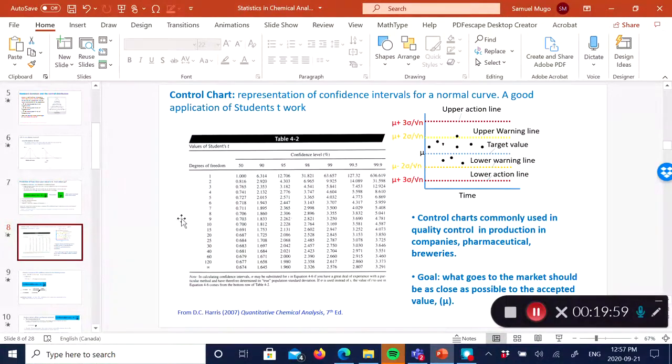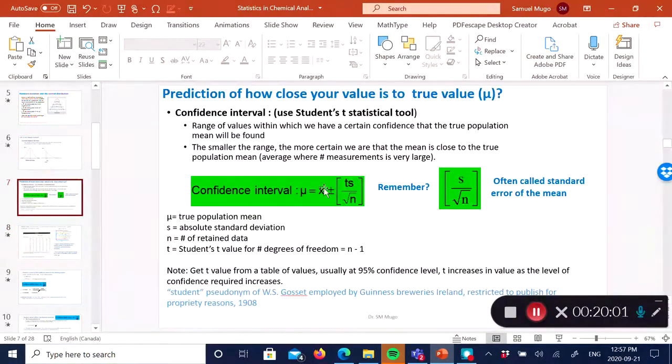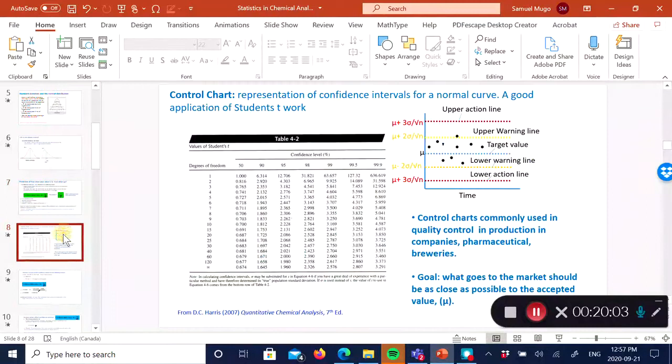So you can see, this confidence interval is what they actually use when they are creating the control charts for quality control of manufacturing, whether it's pharmaceutical companies, whether it's making beer in breweries, and so forth. So it's a very, very common kind of statistical platform that we use for quality control, which is where some of you are going to end up.